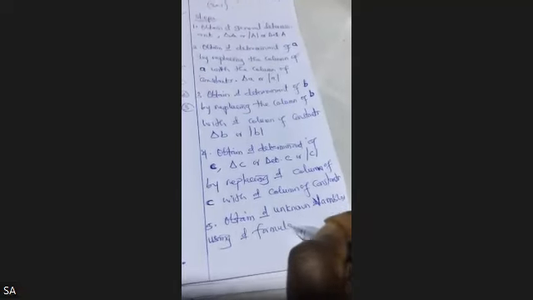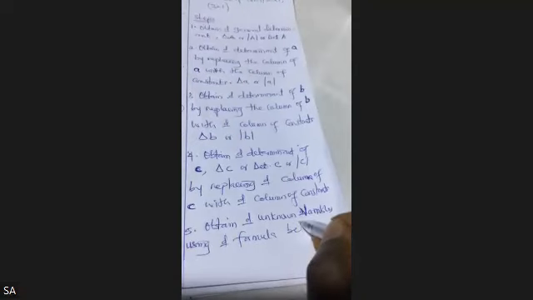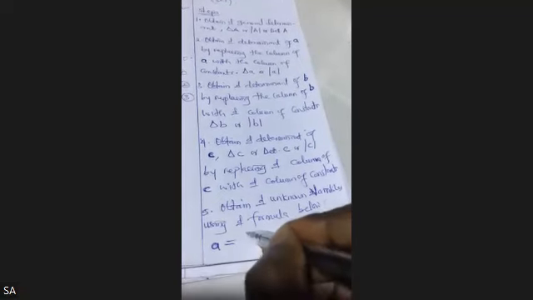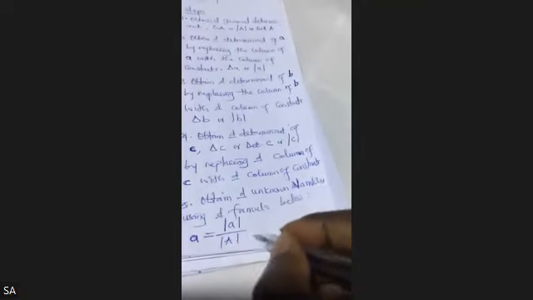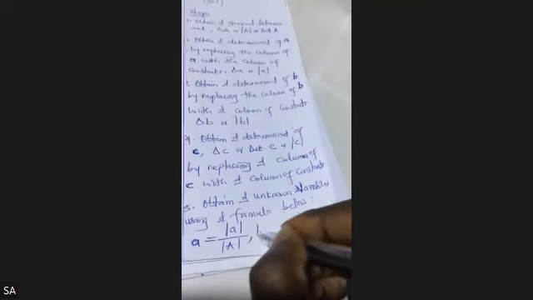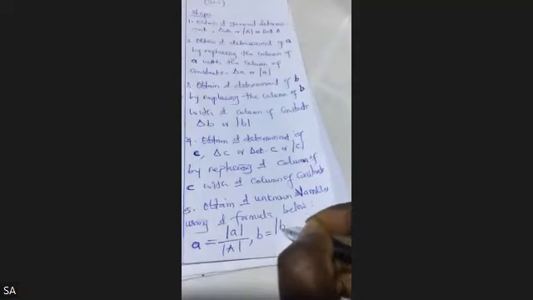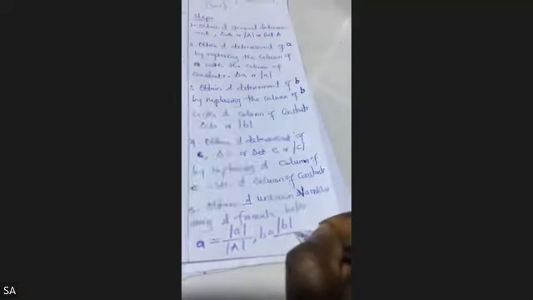Using the formula below. If I want to get A, A will be the determinant of A over the general determinant. B will be the determinant of B over the general determinant.